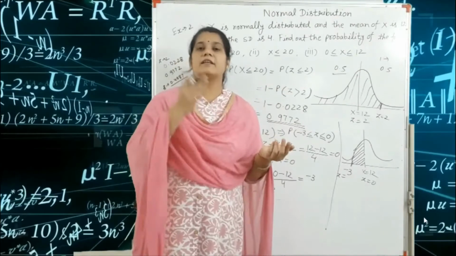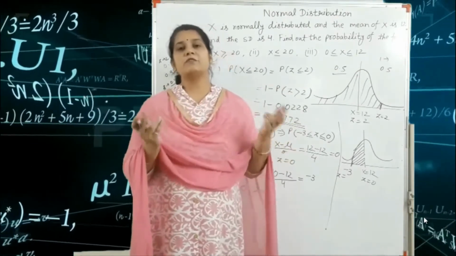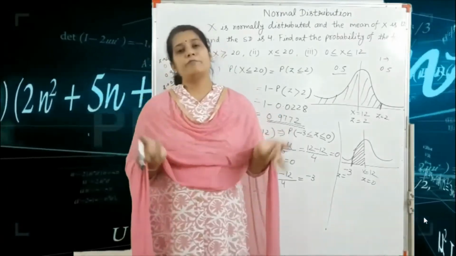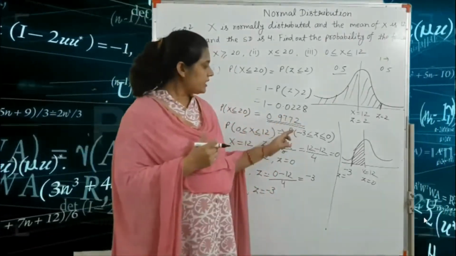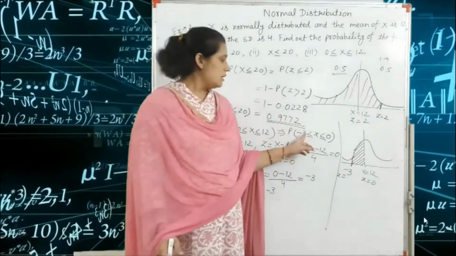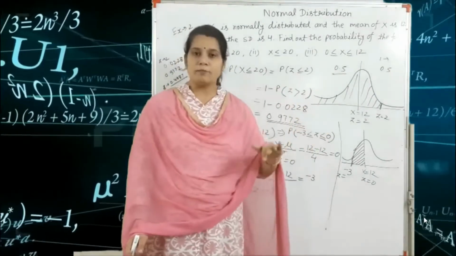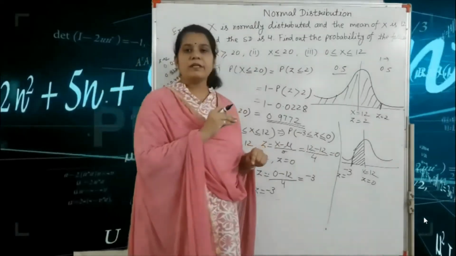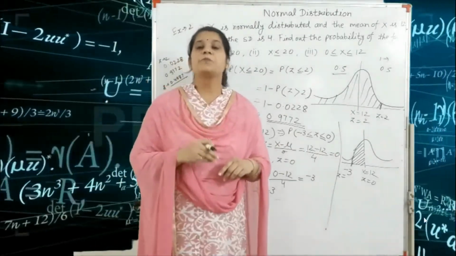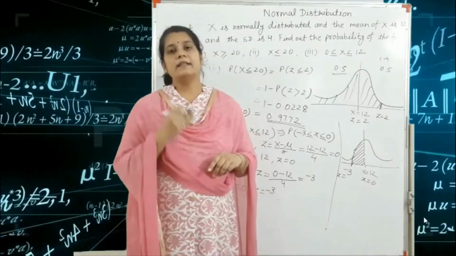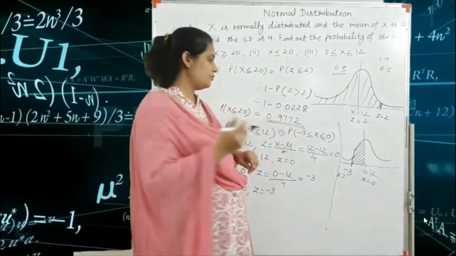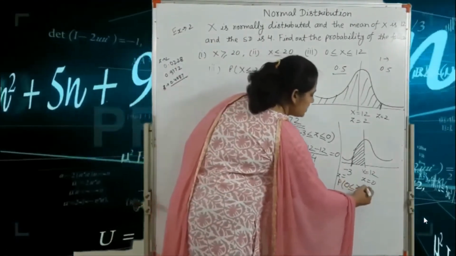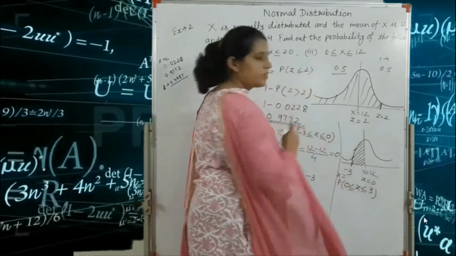That means the value of positive and negative is equal; the value of minus 2 is equal to the value of plus 2. So first we convert this negative value into positive form. That means we can write the probability of 0 less than or equal to z less than or equal to 3.